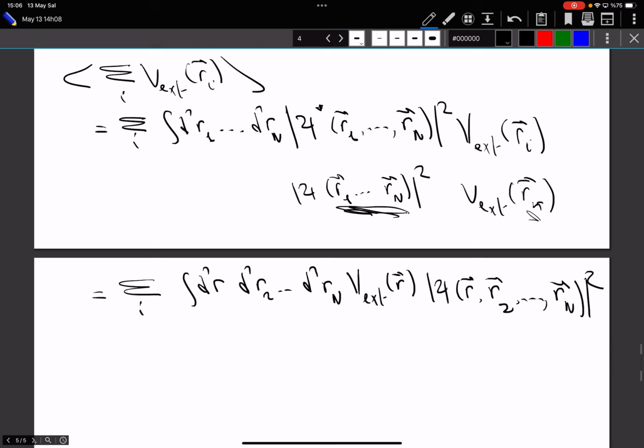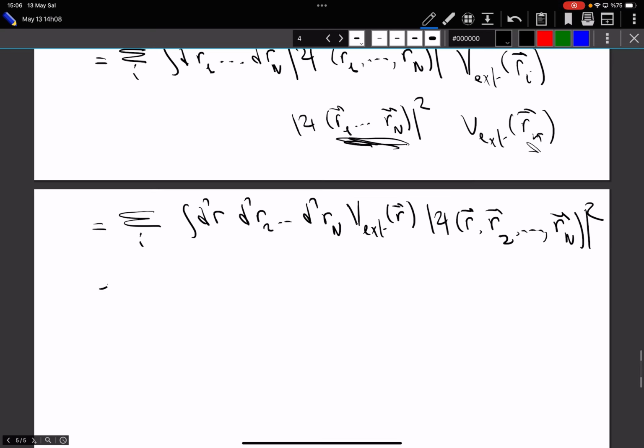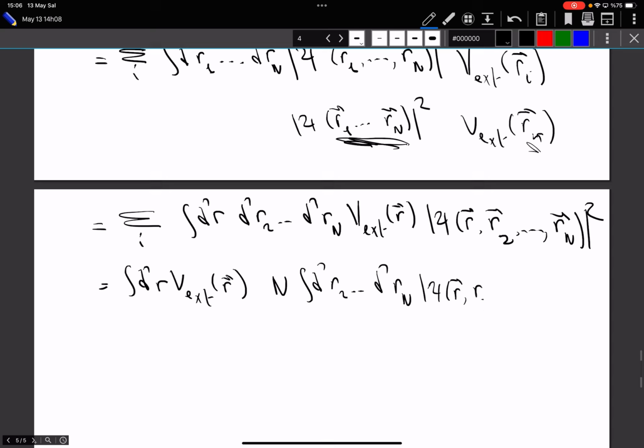I just renamed my variables and ordered the arguments of my psi so that the arguments are r, r2, r3, ..., rn. But then I have the external r, then n times the integral d cubed r2 ... squared.